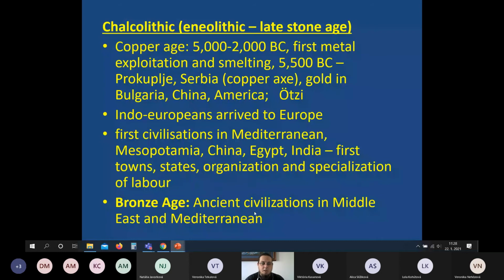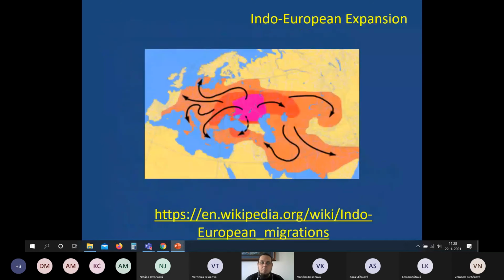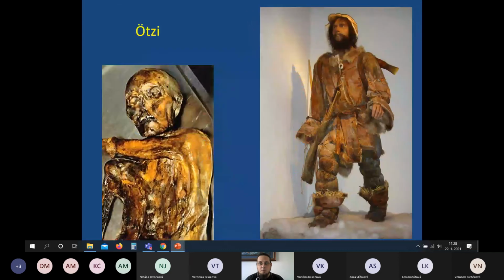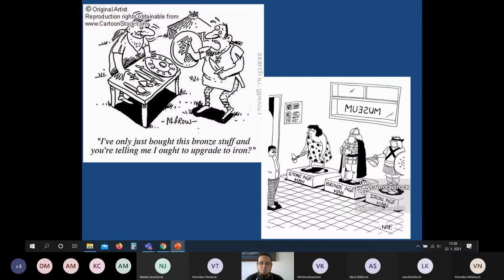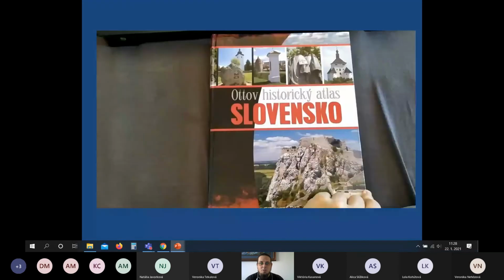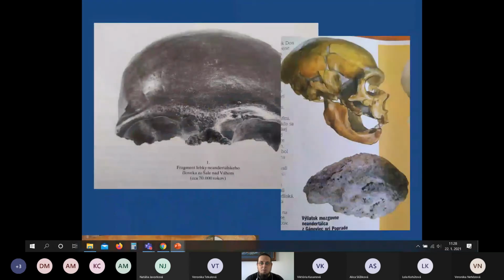For world history, it's ancient civilizations in the Middle East and Mediterranean, and for us, for Slovakia, that would be still prehistory. Next lesson, I will briefly go through Slovak prehistory because I need to tell you some more things about even Ötzi and so on, but generally about the environment.